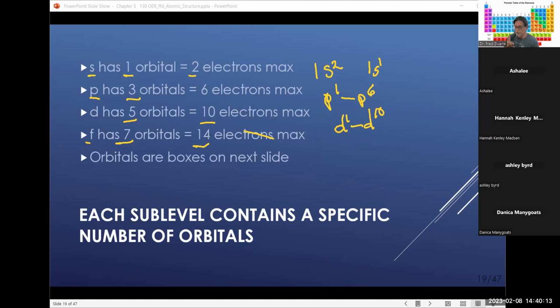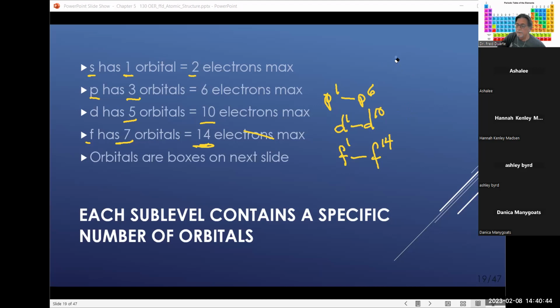There's a difference here. 14 electrons for the f orbit, not the maximum electrons for whatever energy level it's in. We'll show how that differs. So we can write that with the f superscript 1 all the way across to superscript 14. Again, let me rewrite this, and keep it consistent here.